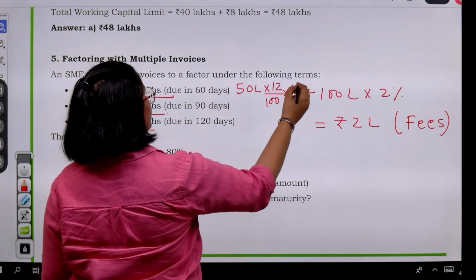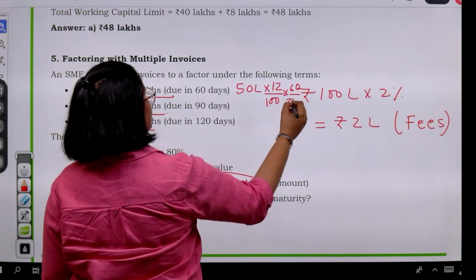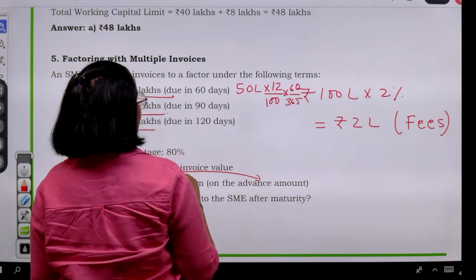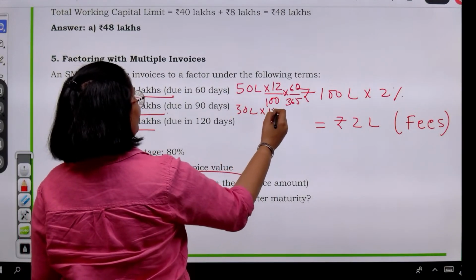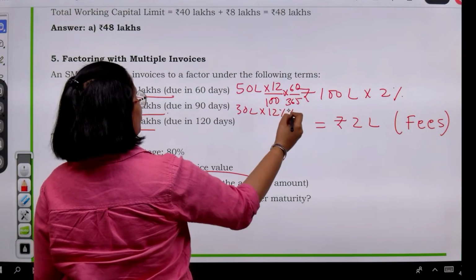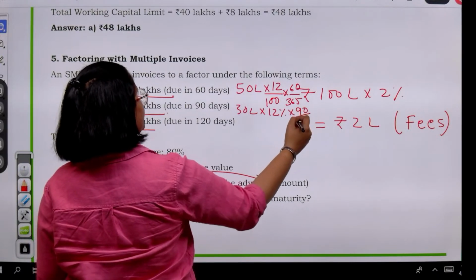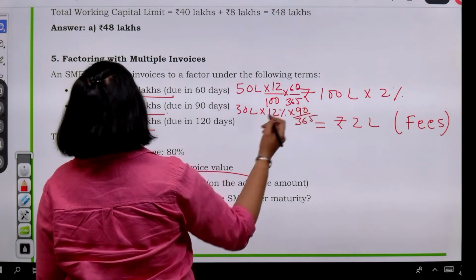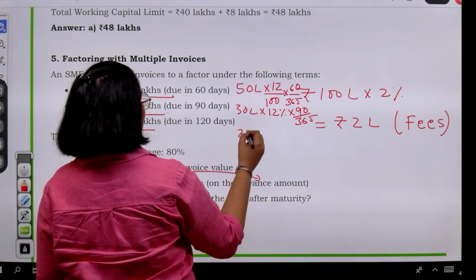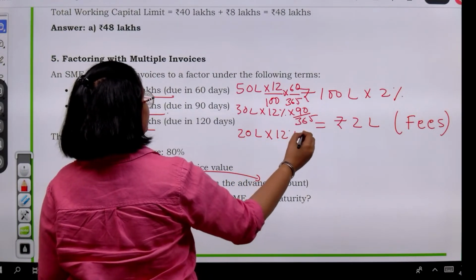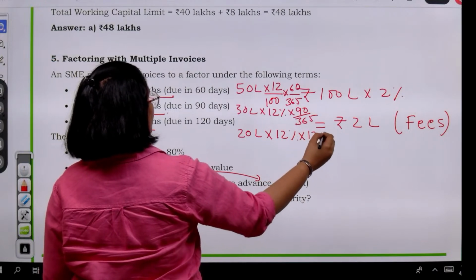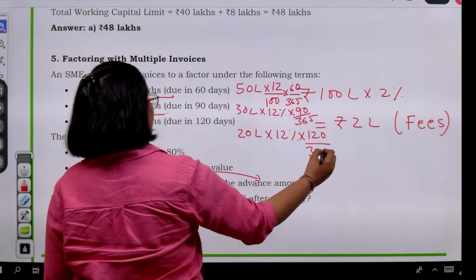Multiply it with 60 divided by 365. इतने दिन के लिए आप करेंगे. Next is 30 lakhs multiplied by 12% into 90 divided by 365. Then similarly 20 lakhs multiplied by 12% for how many days? 120 days you are doing so.